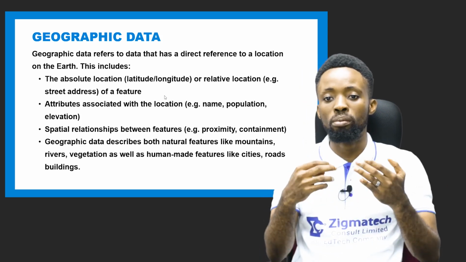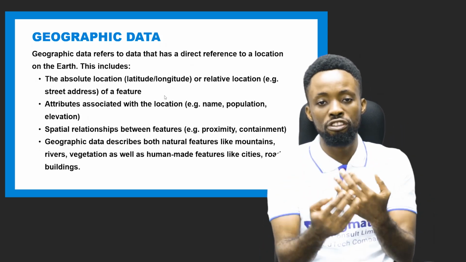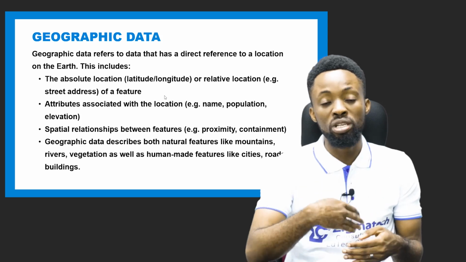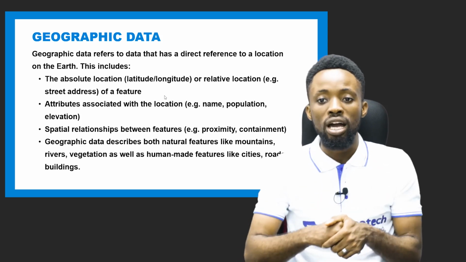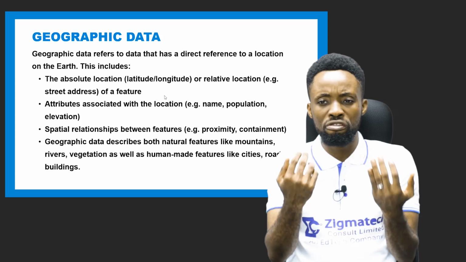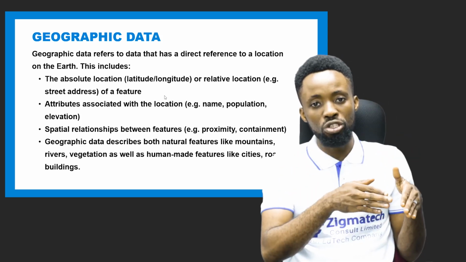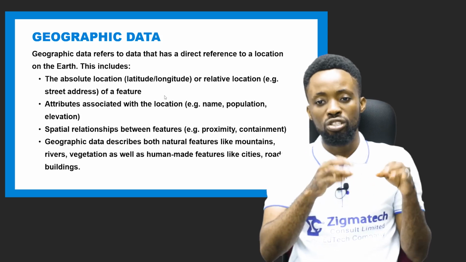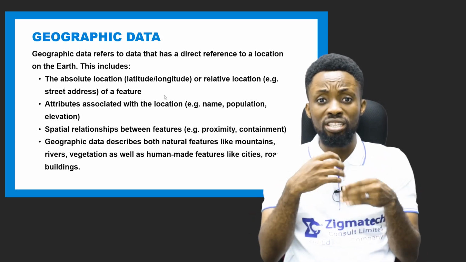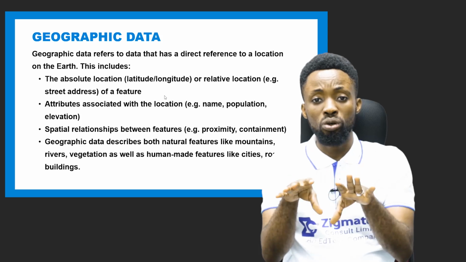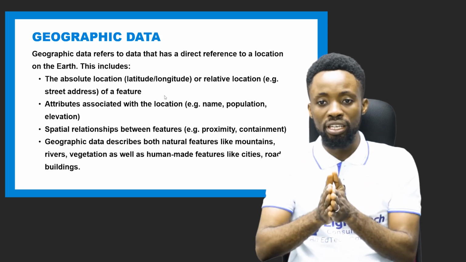Then we're also talking about relationships between features, like proximity between places or objects, and natural features on the Earth's surface. All of these are found under geographic data.